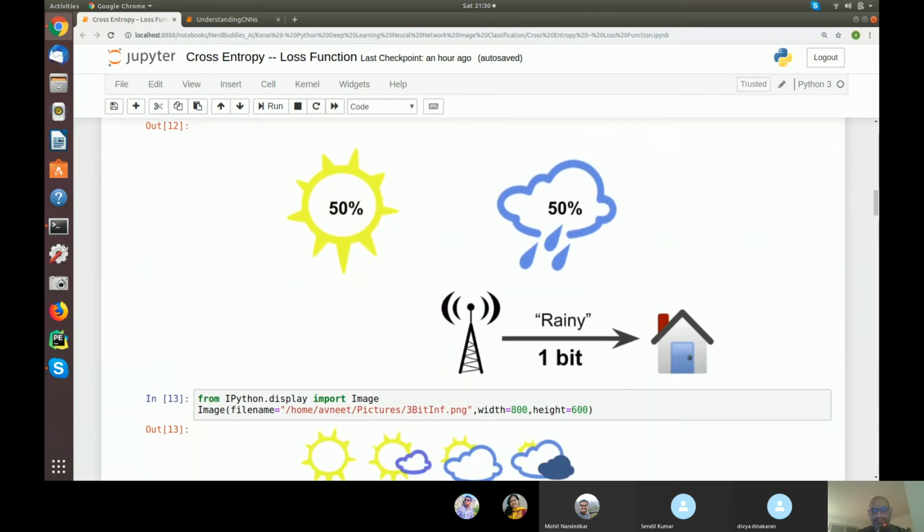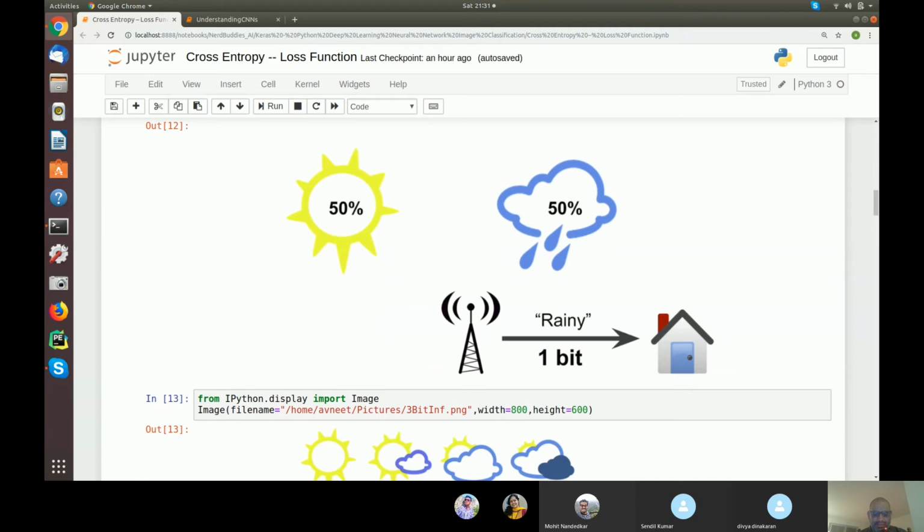So this is a simple example. If there's an equal likelihood that you'll have a sunny day and an equal likelihood that you'll have a rainy day, and your weather company provides you information saying which one it is, the amount of information it is giving to you is 1 bit. Now, instead of giving you a 1 or a 0, it may send you a text saying rainy. So that's a lot more bits it is using to encode the message.